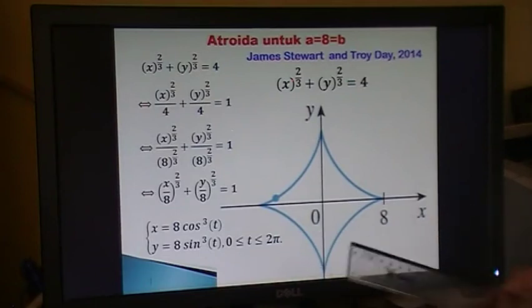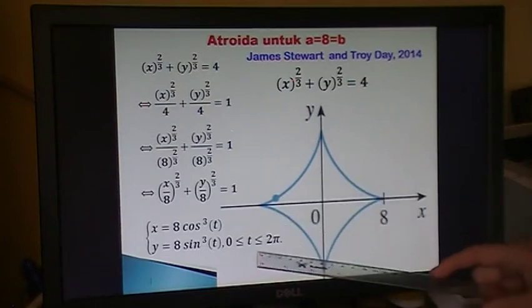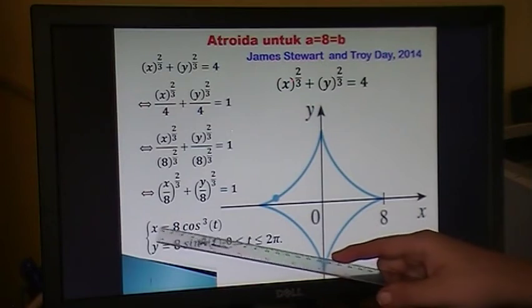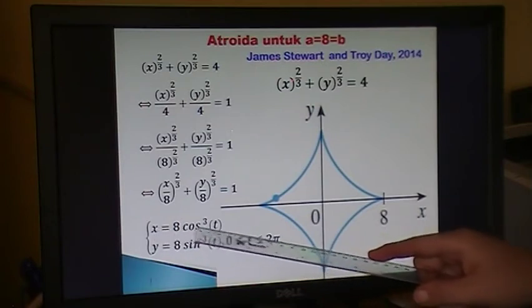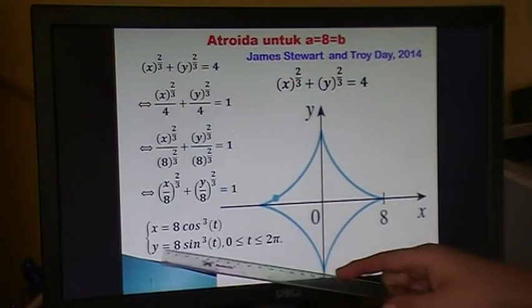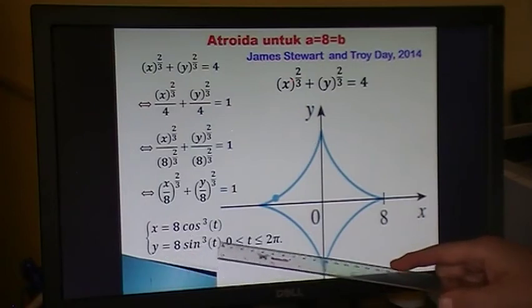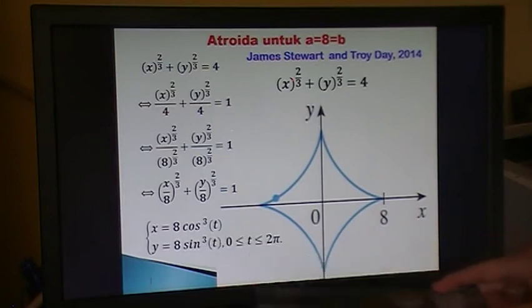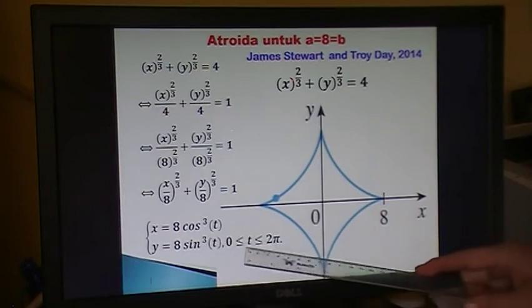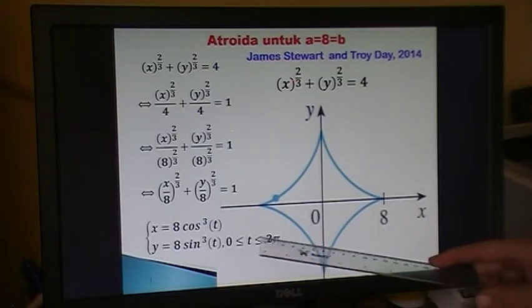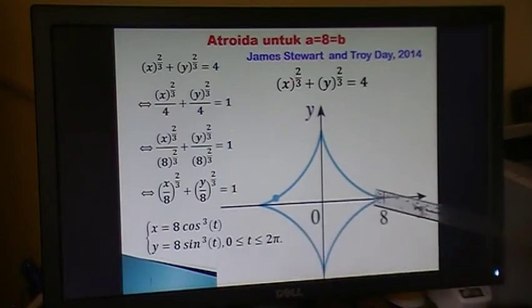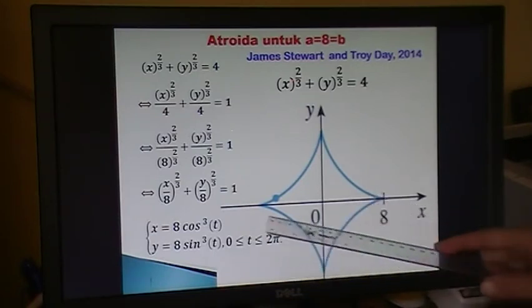Or in the parametric equation, x equals 8 cos t to the power of 3, y equals 8 sin t to the power of 3, with t between 0 and 2 pi. Yes, this is one circle.